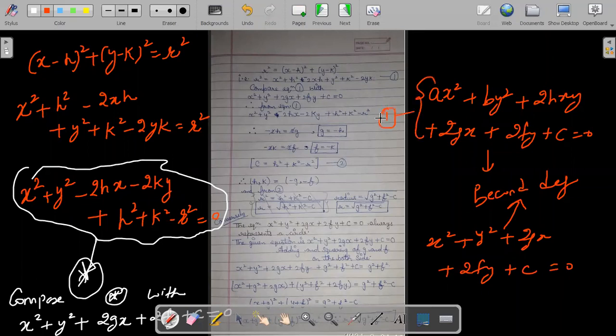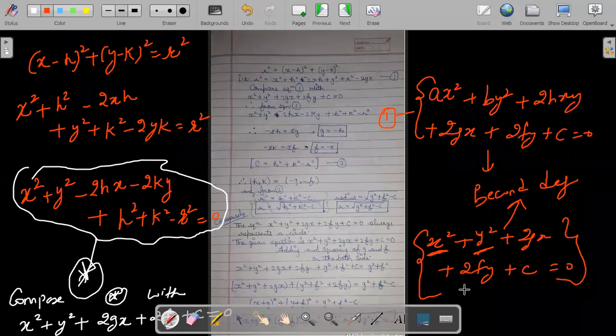Now the lower equation we are saying is the equation of a circle. If we look carefully, what is the difference in both equations? First, the circle equation does not have the xy term, so the circle equation will not have the mixed term. Is it clear? The xy term should not be there. And another difference, are you able to see?